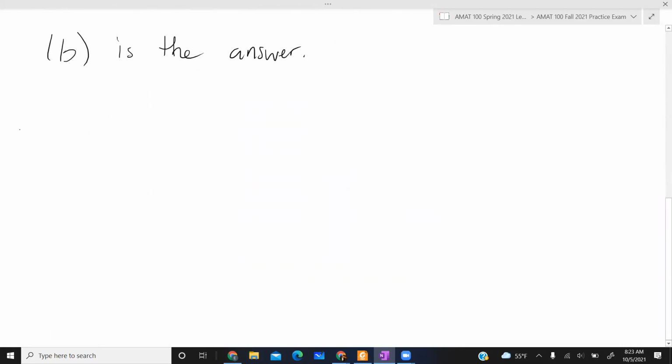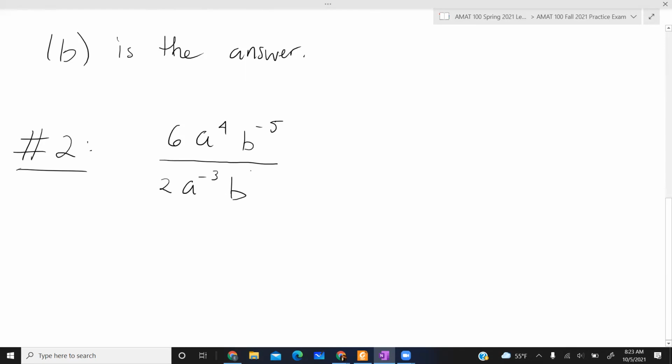Now let's move on to 2. This one I'm just going to run through quickly. We want to simplify this so that there are no negative exponents. We want to cancel any terms that we can, and then make sure we flip the terms into the numerator or denominator so that the negative exponents go away. First of all, these coefficients right here in the front, we can cancel. 6 has a factor of 2, so this will be 3, and the 2's cancel. Now this negative exponent, the absolute value of this is less than that.